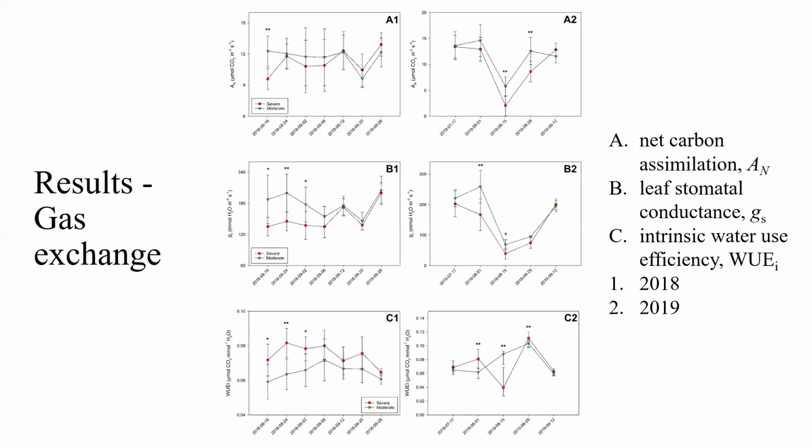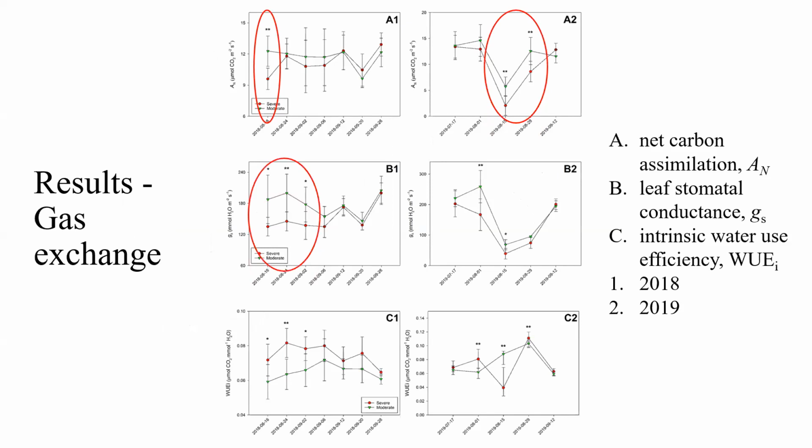We also compared the leaf gas exchange data between the two zones. The separation in net carbon accumulation, which is on the top, between the two zones was evident on August 16th, 2018, August 15th, 2019, and August 29th, 2019, where the moderately water-stressed zone had greater net carbon accumulation.